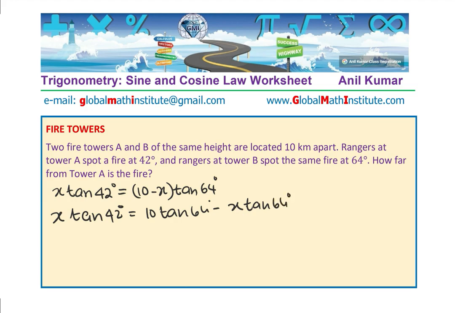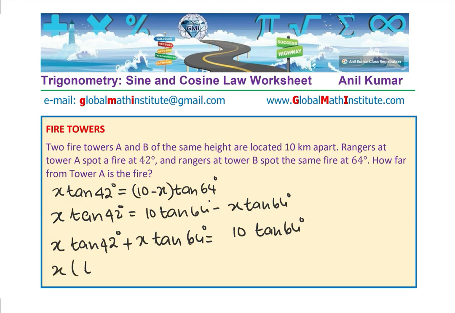Now bringing the terms together, we can write x times tan 42 degrees plus x times tan of 64 degrees is equal to 10 times, which is the distance between them, tan of 64 degrees, correct? So taking x common, we can write tan of 42 degrees plus tan of 64 degrees is equals to 10 times tan of 64 degrees, correct?